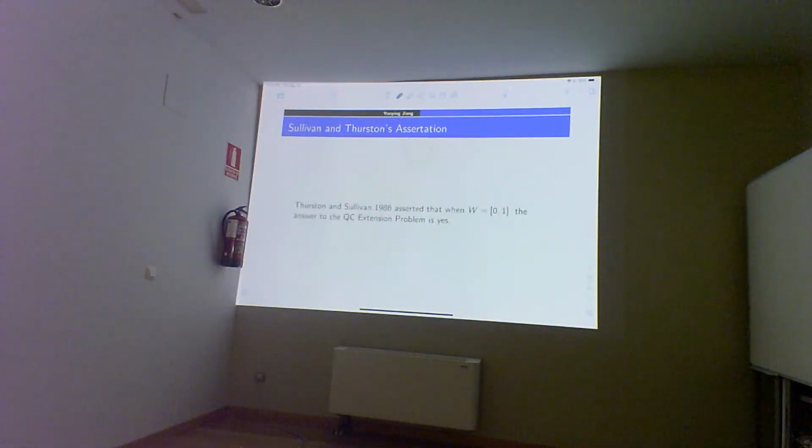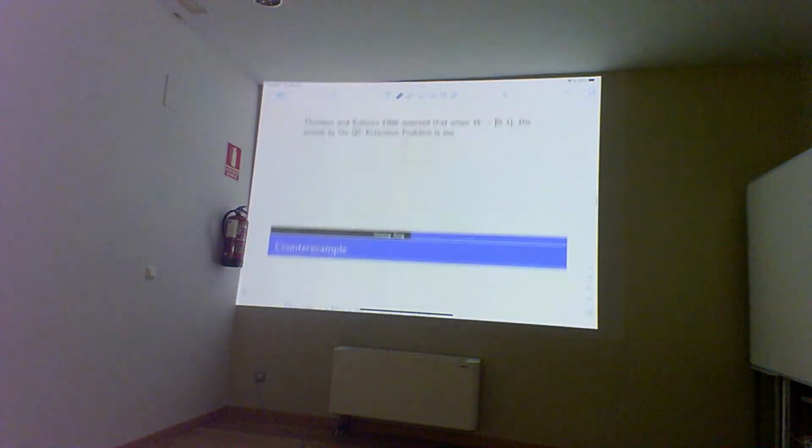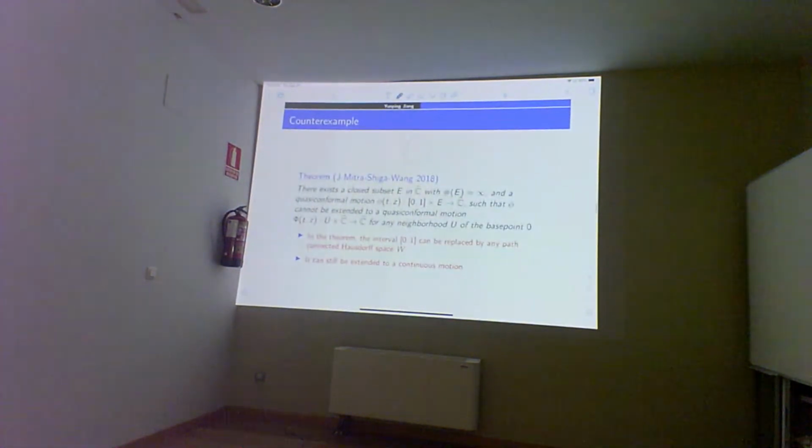So here's a counterexample we had. The counterexample is in C hat. There exists a closed subset E in C hat with infinitely many points, and a quasi-conformal motion phi from {0, 1, infinity} cross E to C, such that phi cannot be extended to a quasi-conformal motion from U cross C hat to C hat for any neighborhood U of the base point 0.